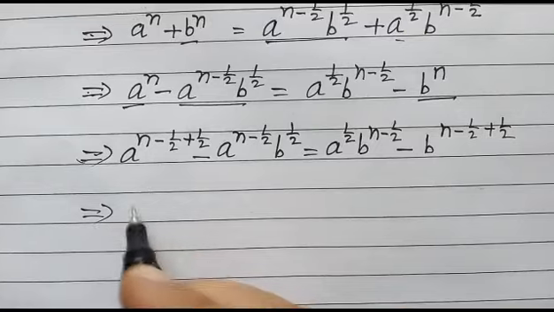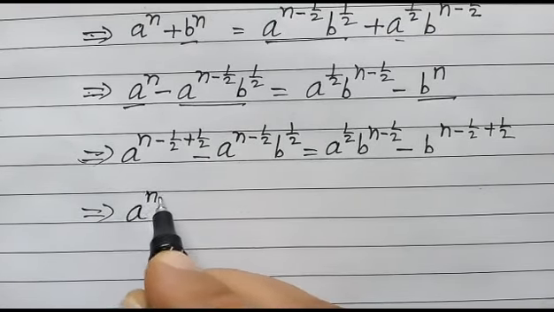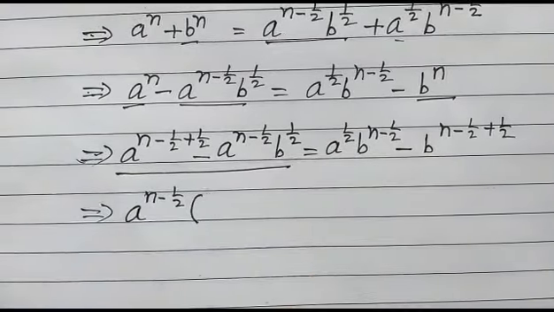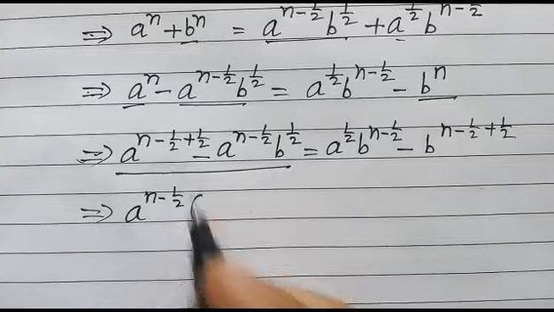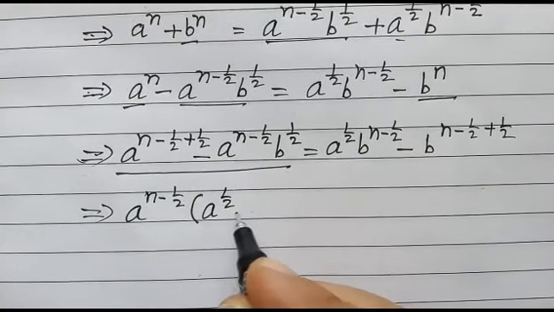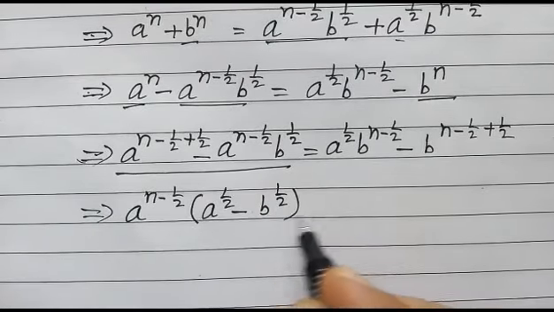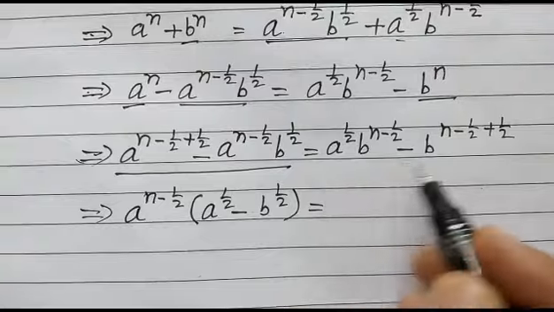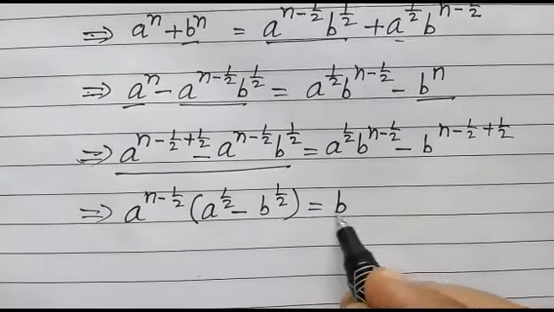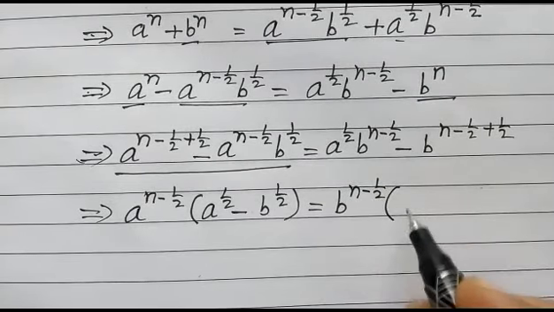Now we will take a^(n-1/2) as common. So we will have a^(1/2) minus b^(1/2) is equal to, here we will take b^(n-1/2) as common.